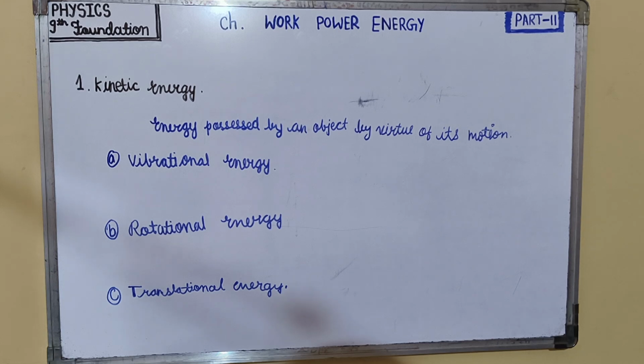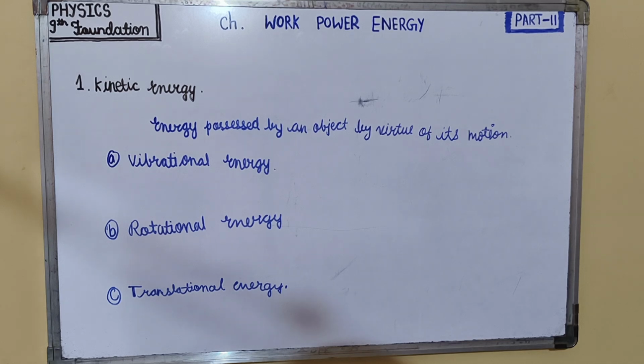Then the impact of stone A would be much greater than the impact of B on a glass window. This implies that the kinetic energy possessed by B is less than that of A. An object moving faster possesses more kinetic energy than an object moving slower.